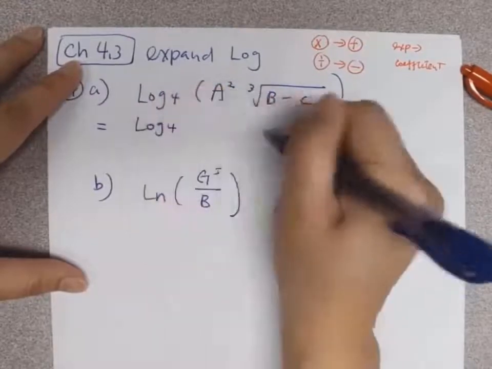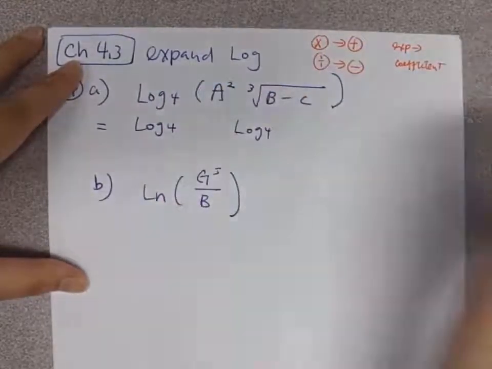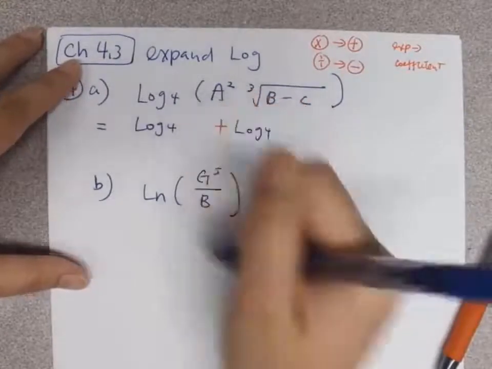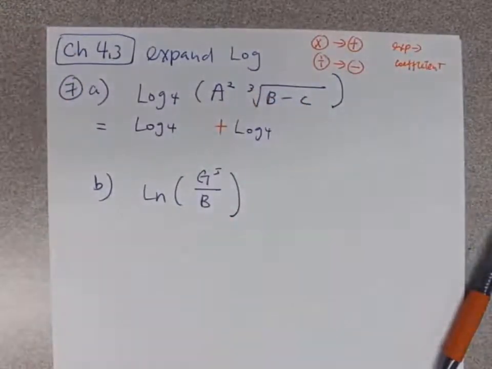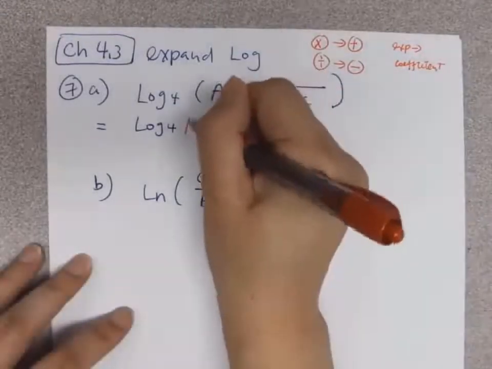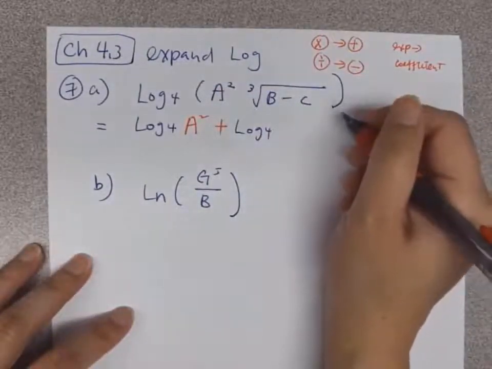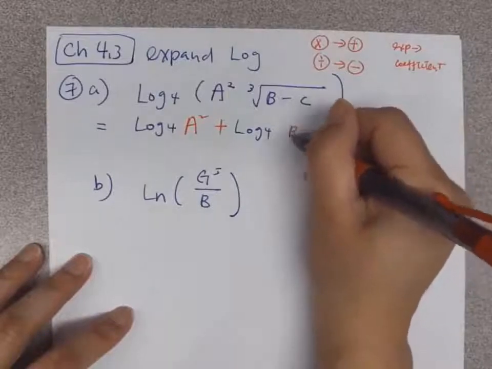Both of them come with log base 4. Now become additions. One comes with what? A squared. And the other one comes with? Cube root of b minus c.